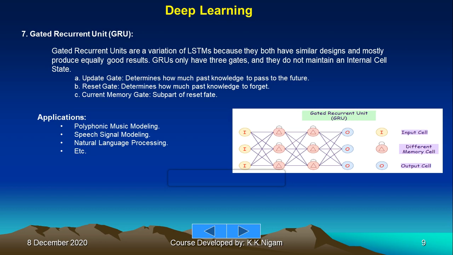Update gate determines how much past knowledge to pass to the future. Reset gate determines how much past knowledge to forget. Current memory gate is a subpart of the reset gate. Applications of this are polyphonic music modeling, speech signal modeling, natural language processing, etc.